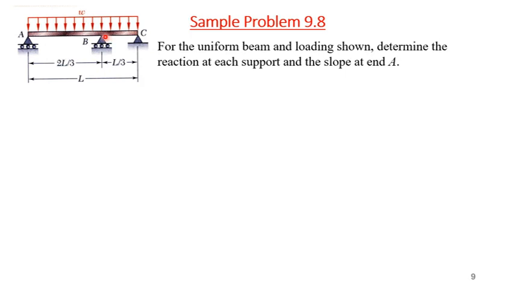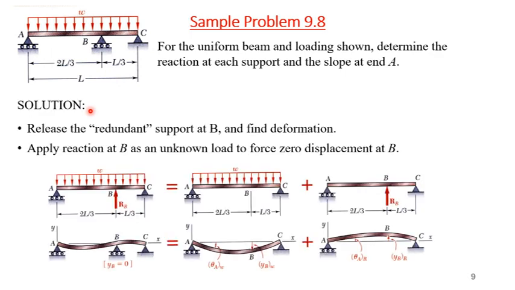Because we cannot find the reactions directly, it's a statically indeterminate beam, a continuous beam, so we have 3 reactions and 2 static equilibrium conditions. So what we will do, we will take the support at B as redundant, and we will divide it into 2 parts.